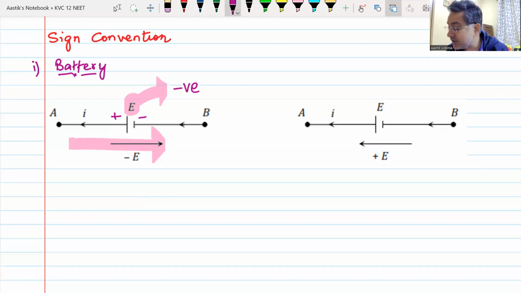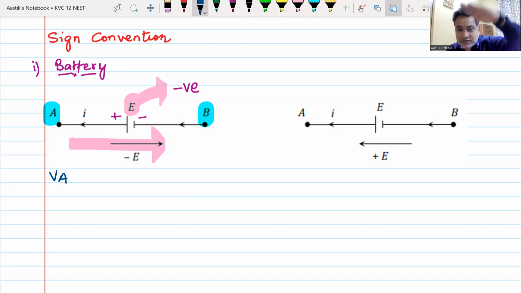E taken as negative, what does it mean? If I write my equation from point A to point B, listen to me very carefully. I may start from VA. What does VA stand for? Potential at point A. Now I go from the positive terminal to the negative terminal, so the potential drops.